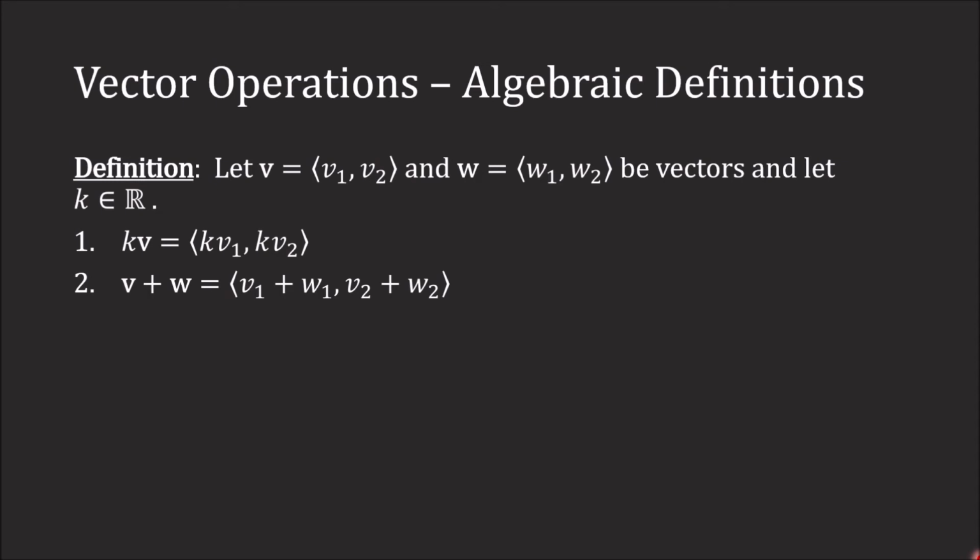And v plus w is v1 plus w1, comma v2 plus w2. So in words, to do the scalar multiple of a vector, just multiply each component of the vector by k. To find the sum of two vectors, we just add the corresponding components.